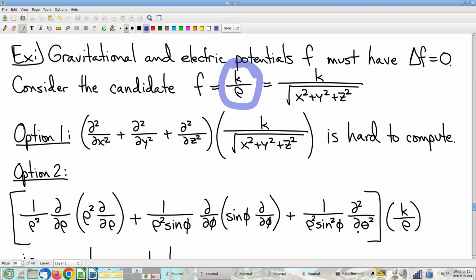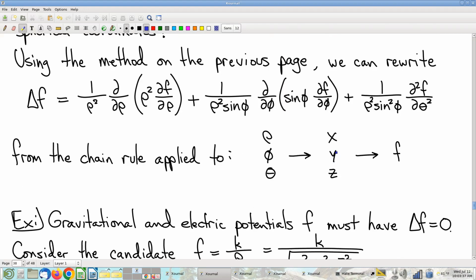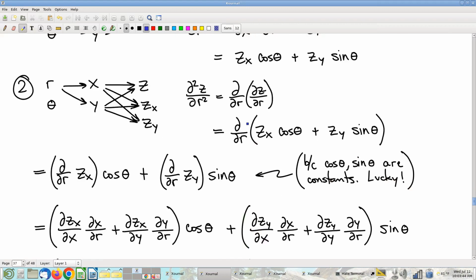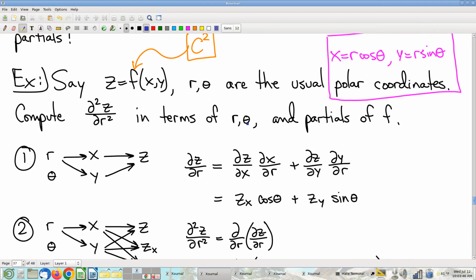As a rule, there may be some exceptions out there, but usually rectangular coordinates attacking something that's intrinsically spherical is just worse, and spherical coordinates with spherically nice functions just tends to be better. Okay, so powerful idea, huge win, and ultimately comes from the chain rule, and in particular the second derivative chain rule method that we outlined in this example.